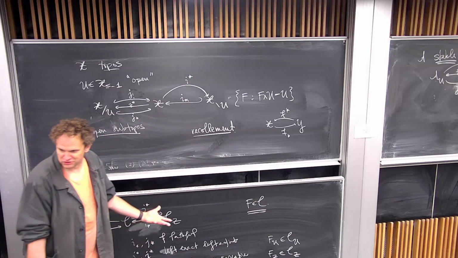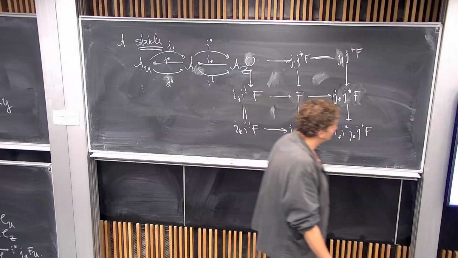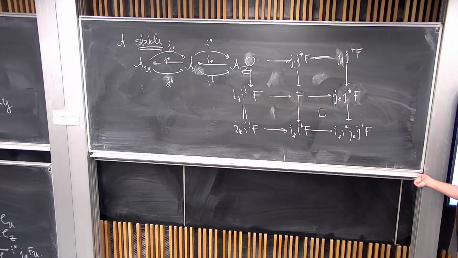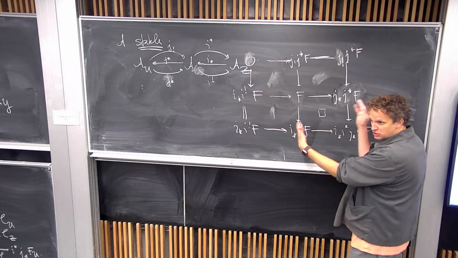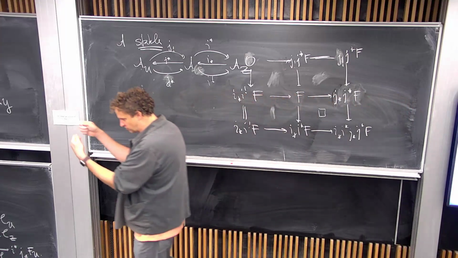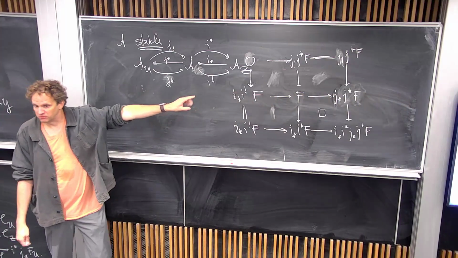If it belongs to a recollement, it can be reconstructed. Exactly. By the way, for those of you who think about things like chromatic homotopy theory, the usual square that you get, the chromatic gluing square, that's one of these. It comes exactly from a recollement.